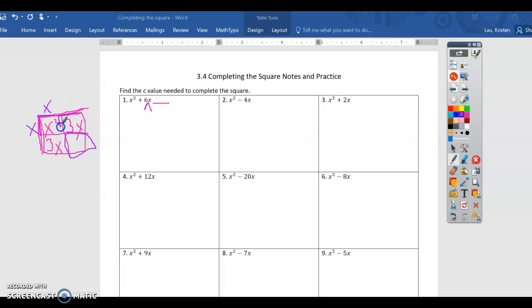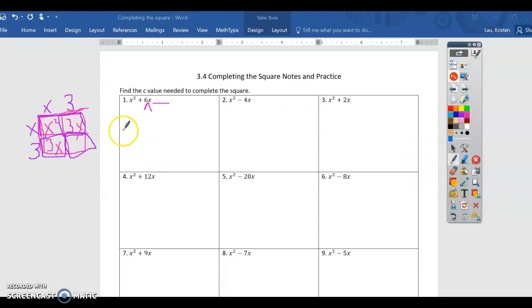So now when I look at this top right square, when I multiply this x times some number, I want it to be 3x. So that means it has to be a 3, because 3 times x is 3x. Same thing for this bottom left, 3x. So I want to multiply x times something to give me 3x. And that's going to be a 3.